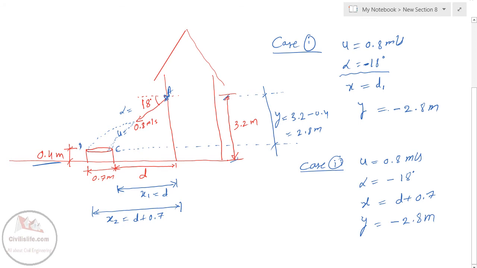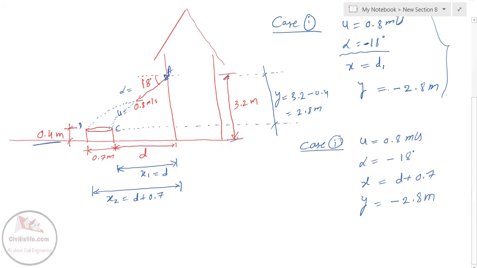Writing this is very important. After this, the rest of the thing is easy: using some standard derived equations, we substitute all these values in those equations and we get the unknown value.